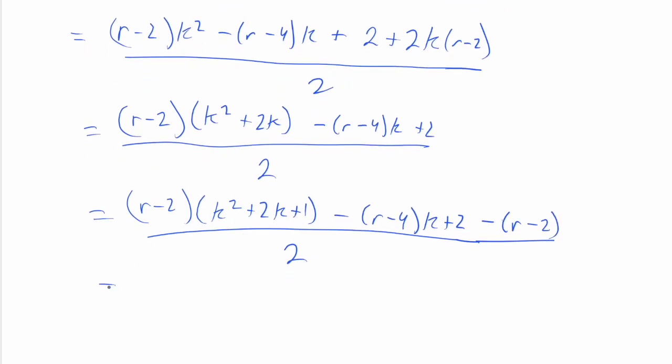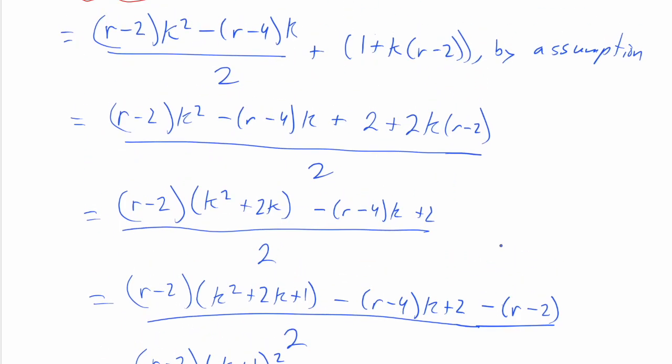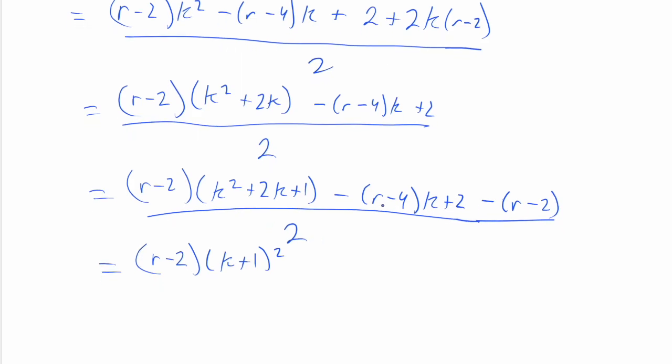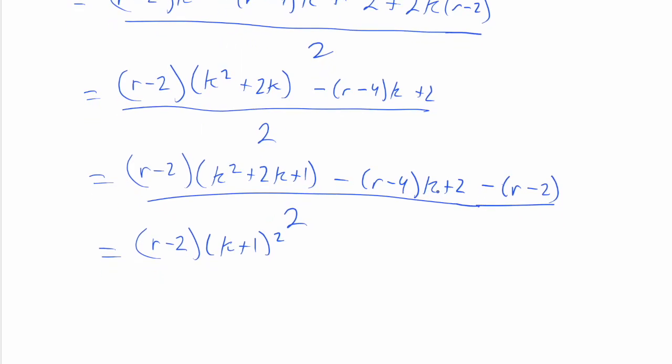So now this part is what we want: k plus 1 squared. And this part here, we want r minus 4, k plus 1. We have r minus 4k, and this is an r minus 2, which we want to be an r minus 4. But if you look at it now, this positive 2 is like a minus negative 2, so we can actually put that inside this bracket here.